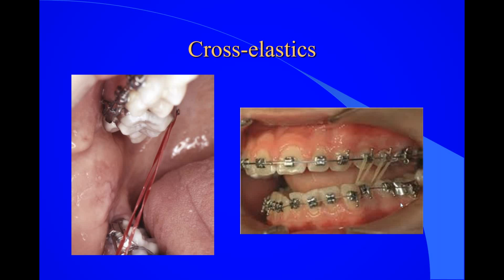Cross elastics can also be run from the palatal aspects of the maxillary teeth to the buccal aspects of the mandibular teeth to correct crossbites. As well as a transverse force component, this will also produce a vertical force, and as such is contraindicated in patients where extrusion of teeth in the buccal segments should be avoided.